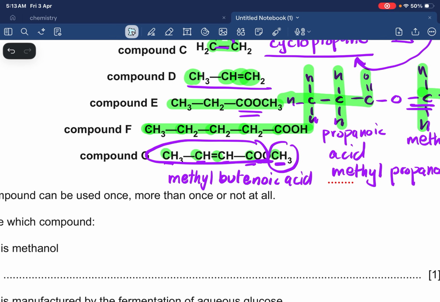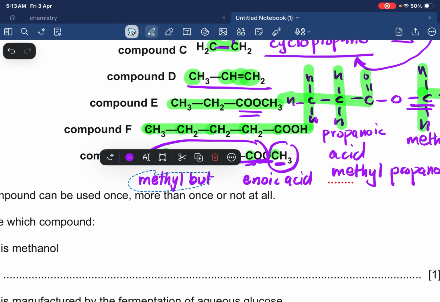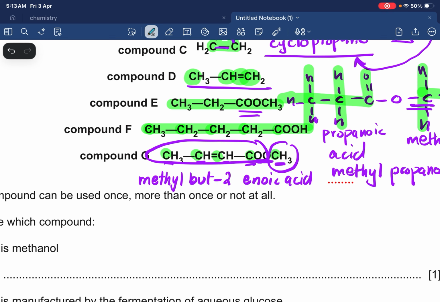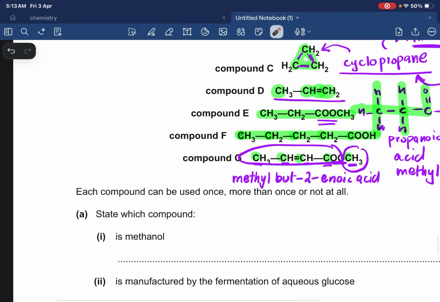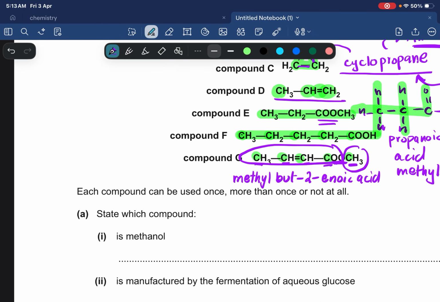If you want to be more precise, you don't need this much for your O levels, but still, it is but-2-enoic acid, because the carbon-carbon double bond is on the second carbon. If you draw the structure, you realize. Let me draw the structure. So 1, 2, 3, 4 carbons.